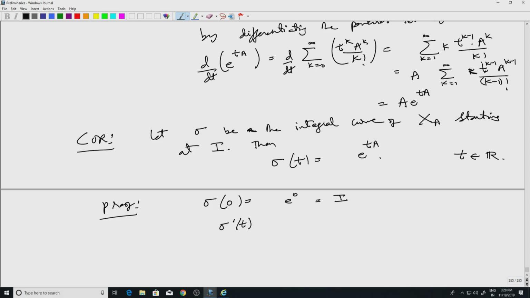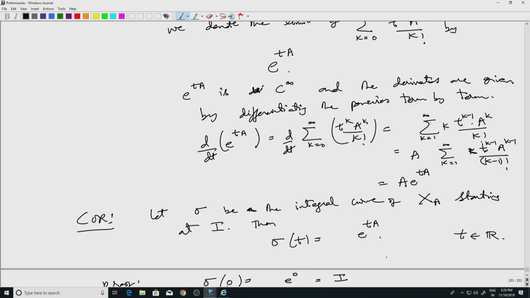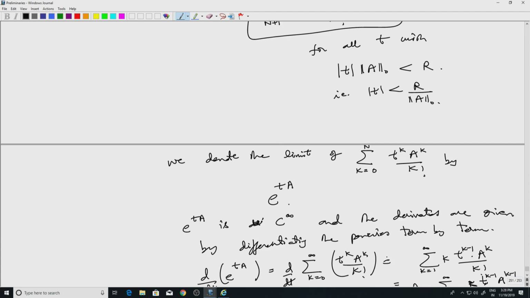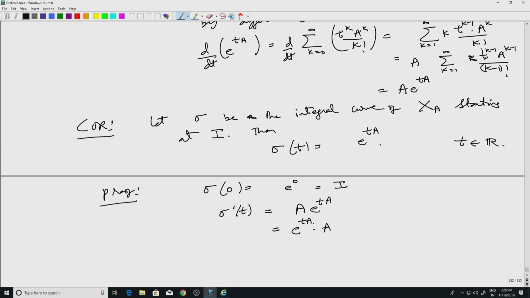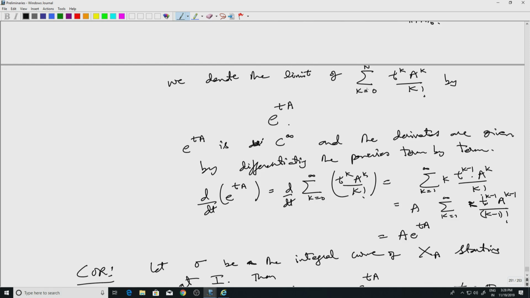So let's take the derivative for sigma prime t, and we have seen that this is the same as a e to the power ta, and this we know is the same as, well, first of all I can write it as e to the power ta times a, and I can do this because this e to the power ta is a power series in a.